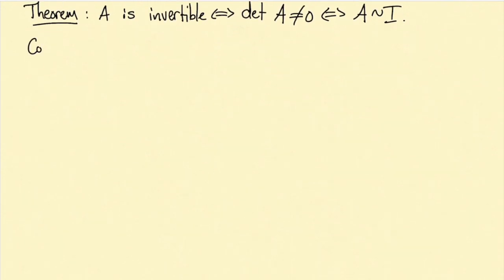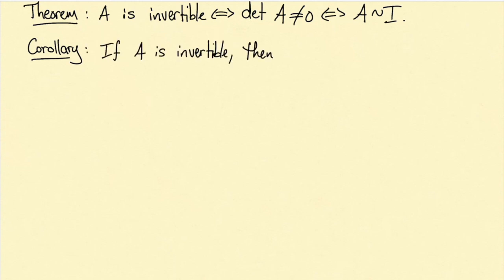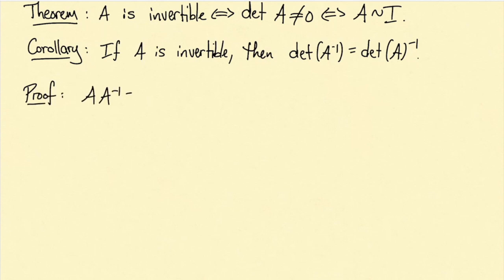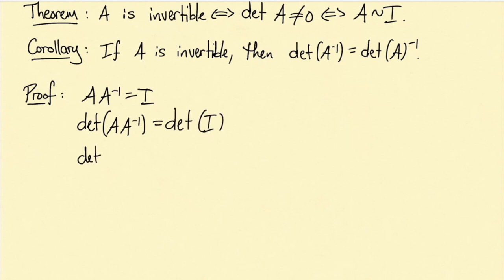And as a cute little corollary, we can actually compute for an invertible matrix the determinant of its inverse with no work whatsoever. We simply take the product A times A inverse is equal to the identity matrix I. Take the determinant of both sides, then use the fact that the determinant is a multiplicative function to split this into two determinants on the left.